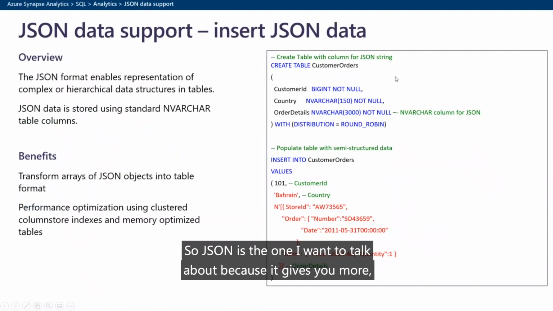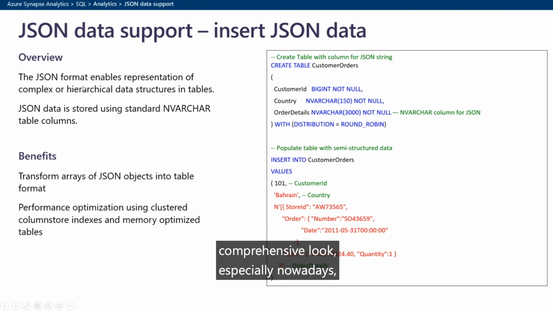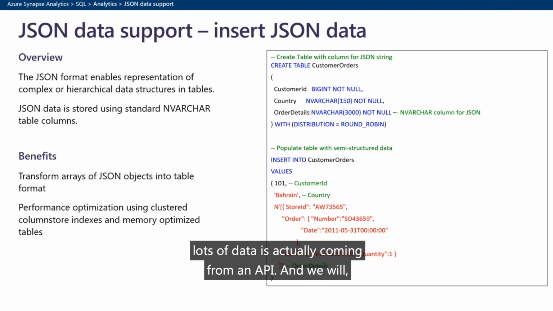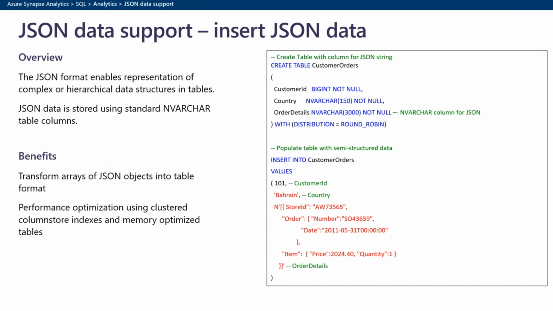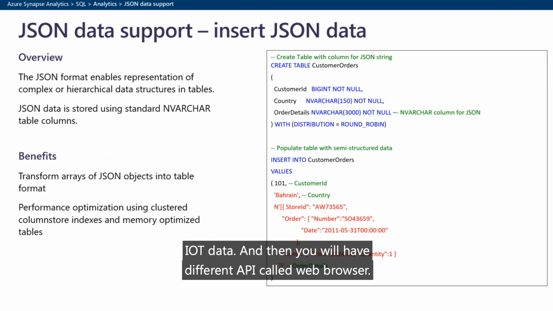JSON is the one I want to talk about because it gives you a more comprehensive look, especially nowadays when lots of data is coming from APIs, and we foresee even more popularity for JSON data. Especially IoT data, different API calls, web browsers.